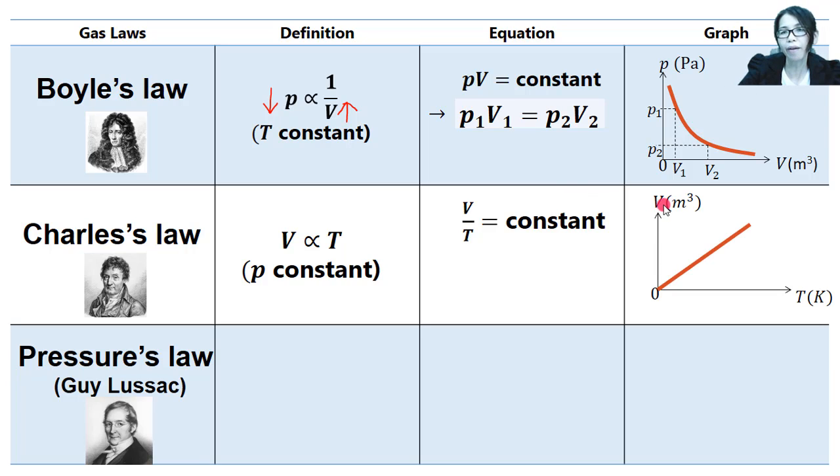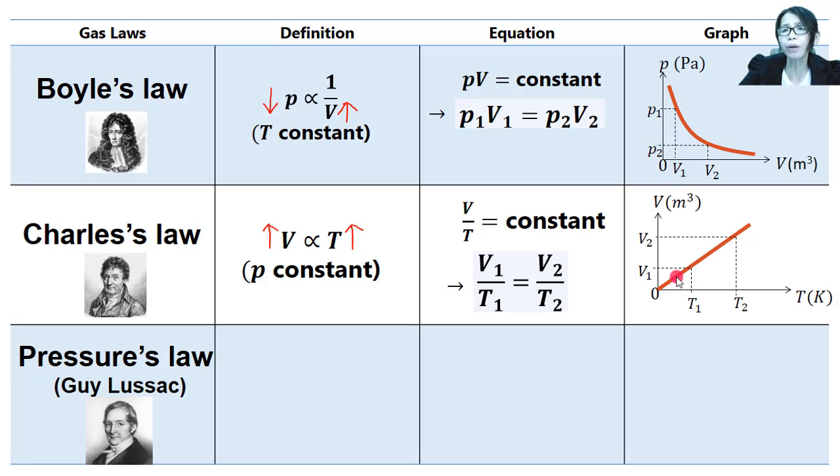If you plot a graph of volume of a gas against temperature, when temperature increases, the volume of the gas will increase. You will get a straight line starting from 0 Kelvin, because we plot the graph for absolute temperature. The scale is in Kelvin.